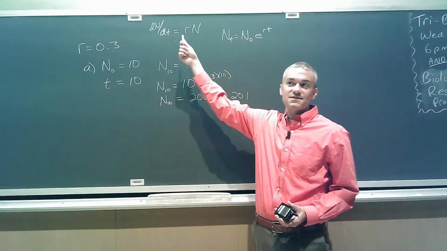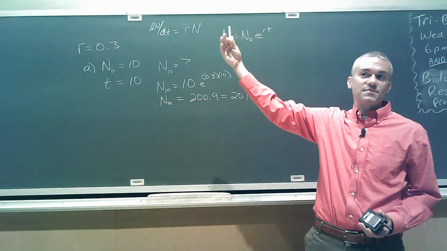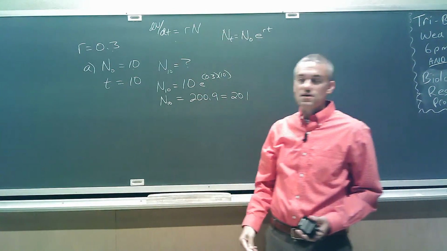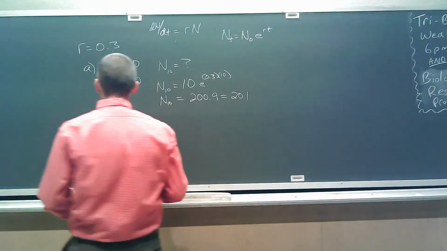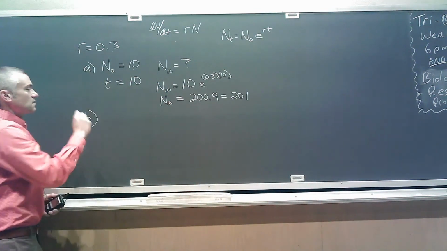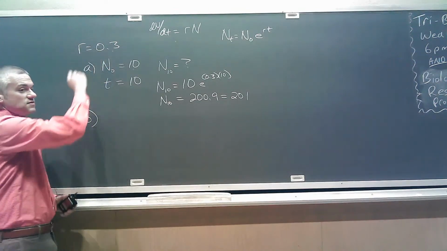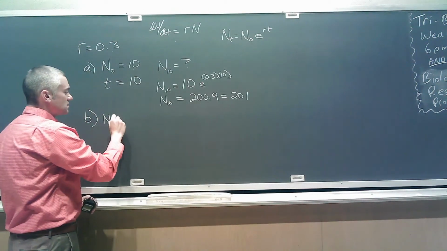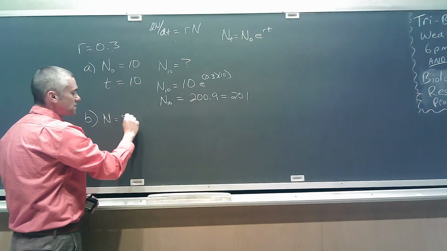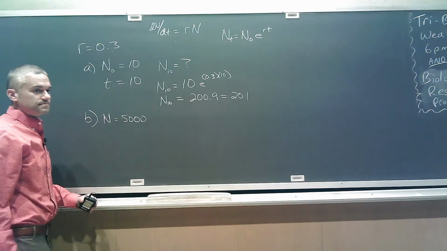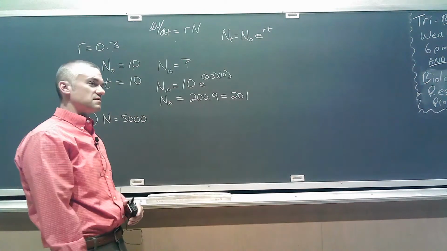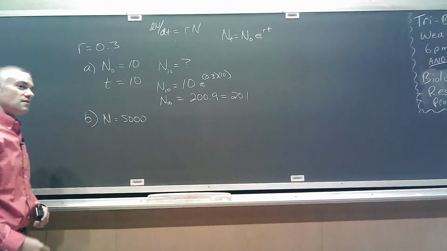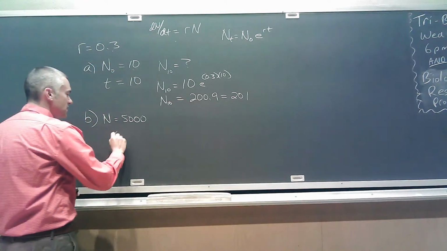How fast something is increasing or how fast something is decreasing, that's our change. All right? So for part B, we still have R, it's given to us in the problem, but now we list our population size of 5,000.